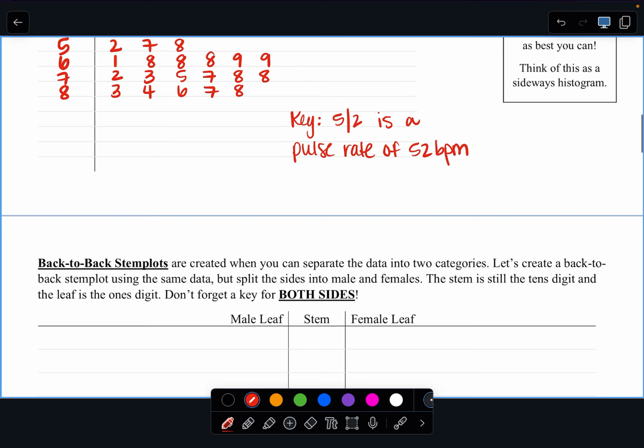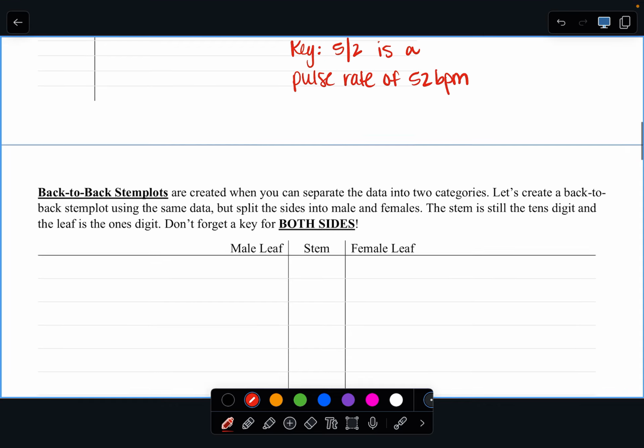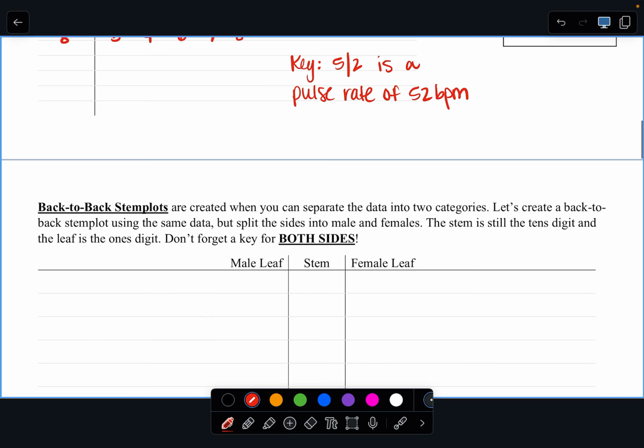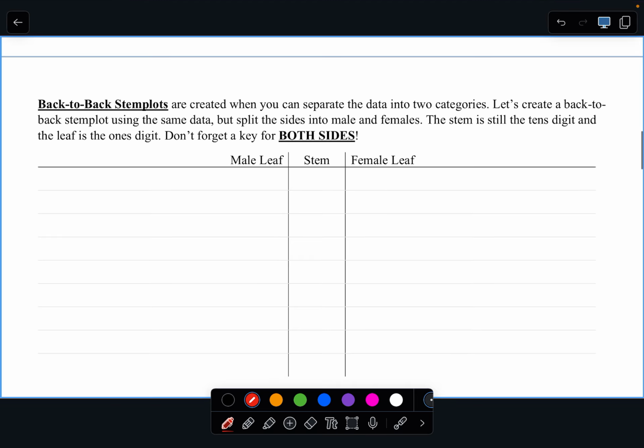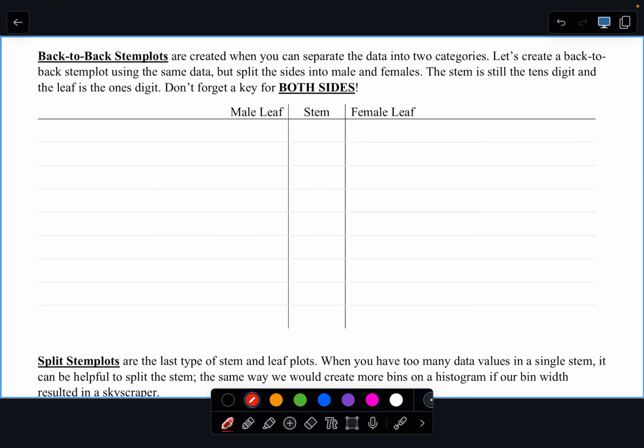I also asked you for your gender so that I could show you what a back-to-back stem plot is. Whenever you're doing a back-to-back stem plot, the left side is going to be one type of variable. Most likely it's going to be a categorical variable, so I did gender. The little note I will make here is you want it to be relevant.